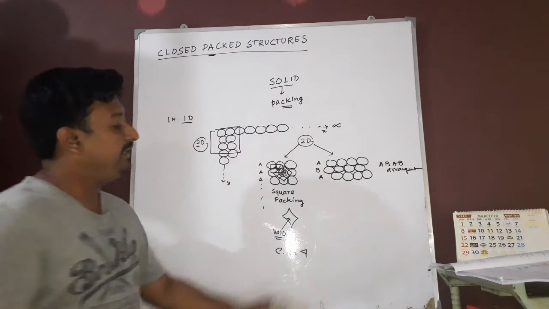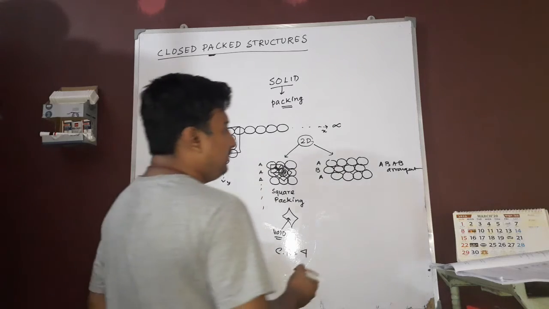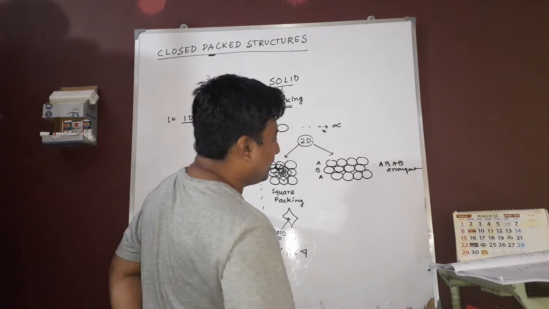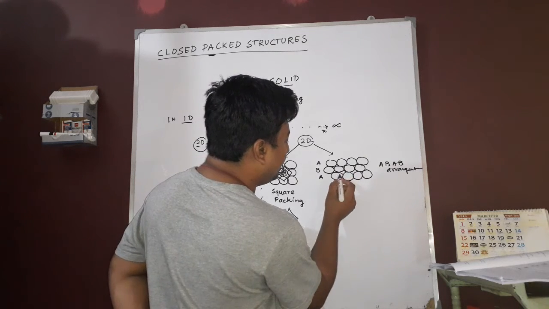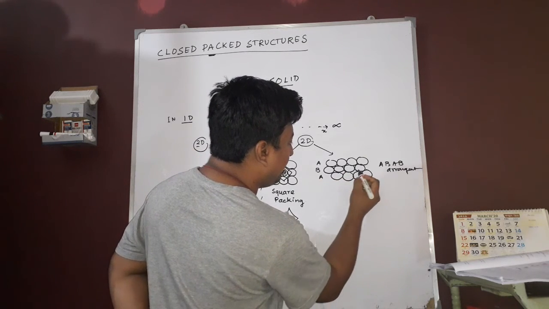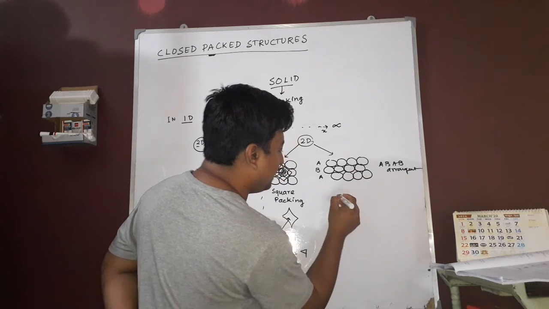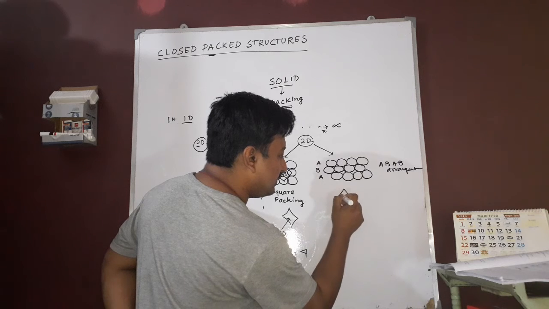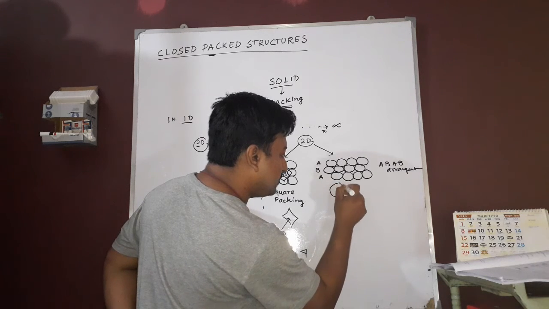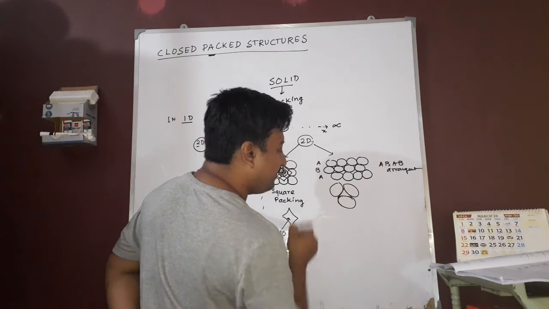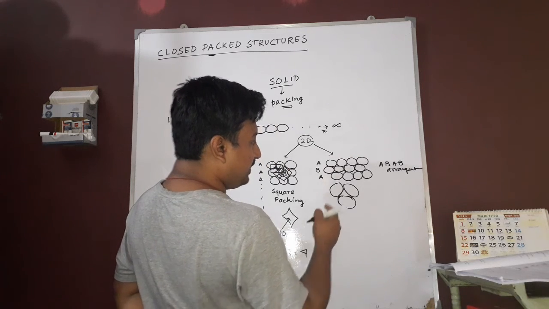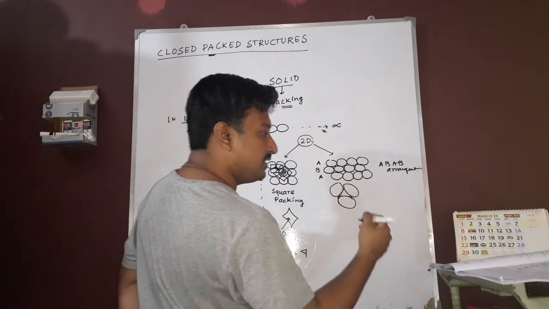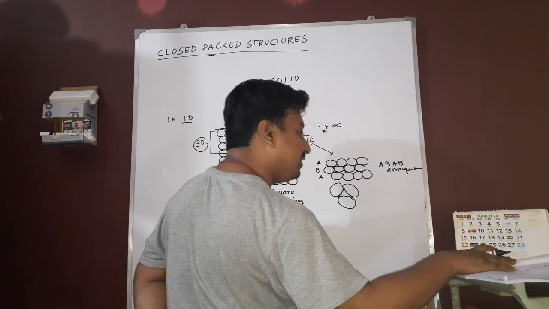Now in this arrangement, if you see, in the voids, only 3 molecules are there. See here, if you look very carefully, the 3 is there. So it's a triangular void in the first layer, in the second layer, in all the layers you will find a triangular void.